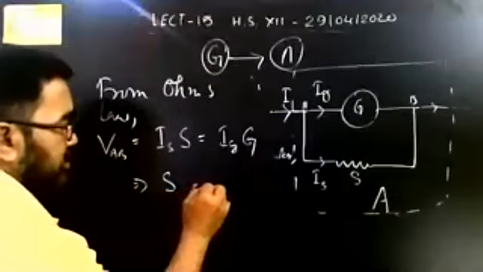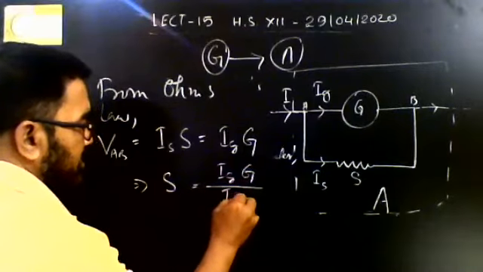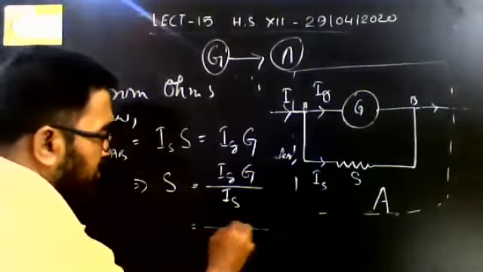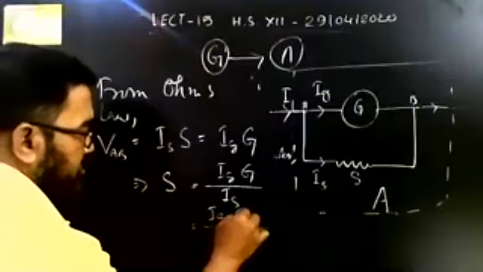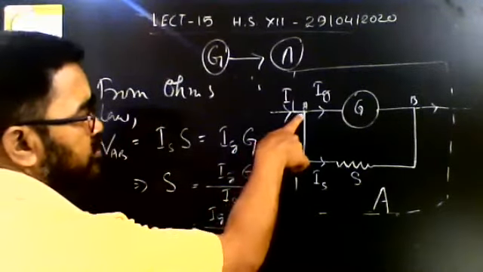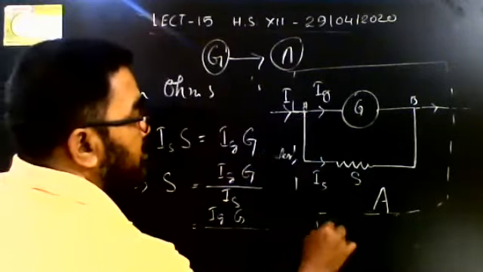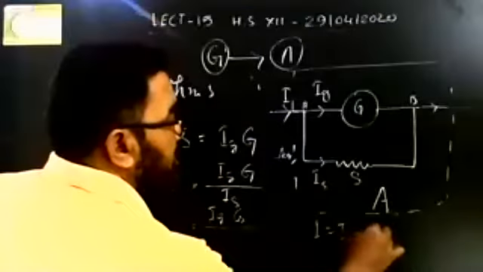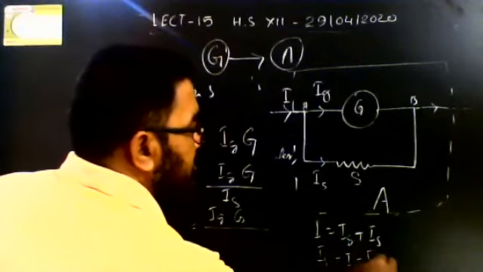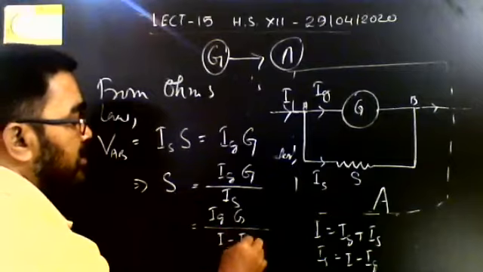We have to find out S. So Ig, G, Is. Okay. So again, Is is equal to how much? According to Kirchhoff's first rule, I is equal to Ig plus Is. So Is is equal to I minus Ig. So in place of Is, you can write I minus Ig.